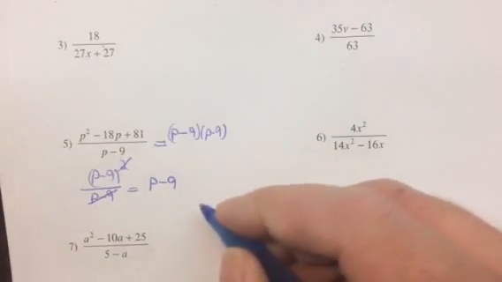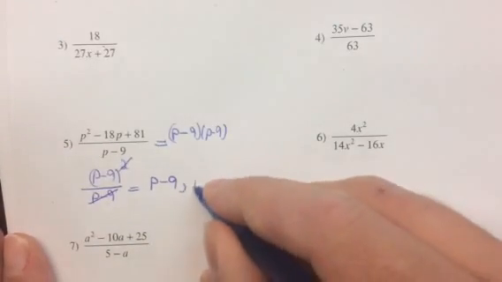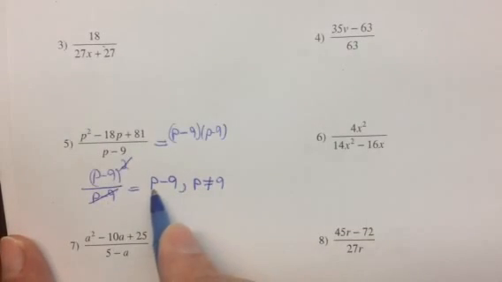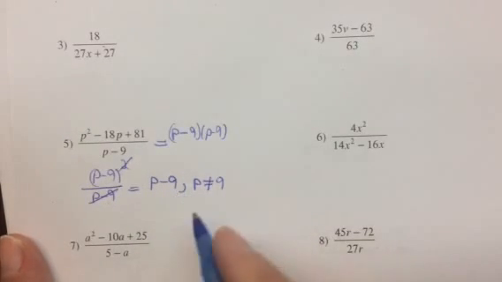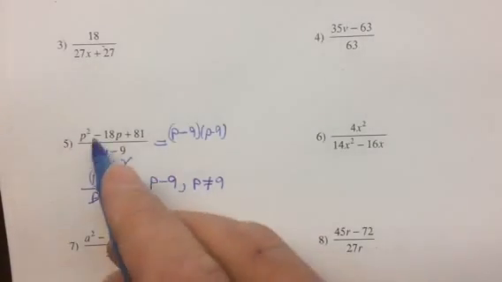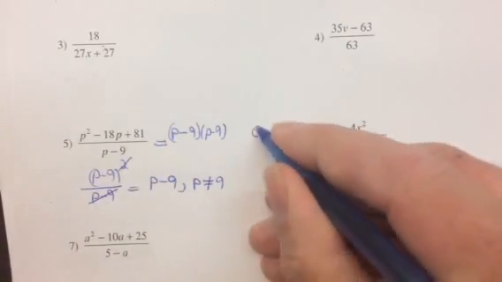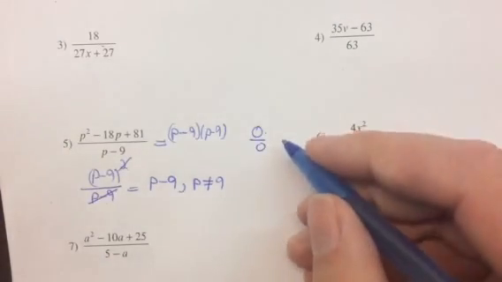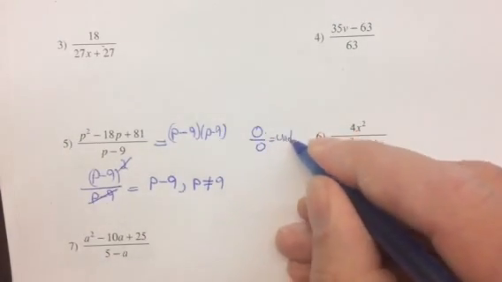However, it's only p minus 9 when p does not equal 9. Because even though it looks like, hey, you can plug in 9 here, 9 minus 9 is 0, that's fine, that doesn't seem to be a problem, it wouldn't equal the original one. Because in the original one, when we plug in 9, we would get 0 over 0. And 0 divided by 0 does not equal 0, it's undefined.